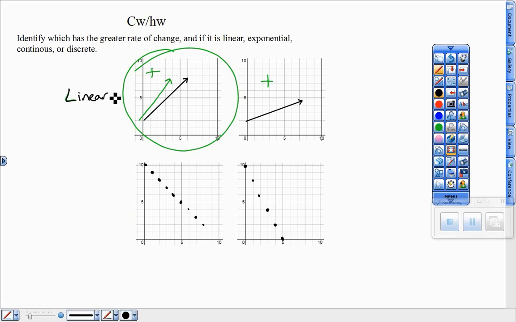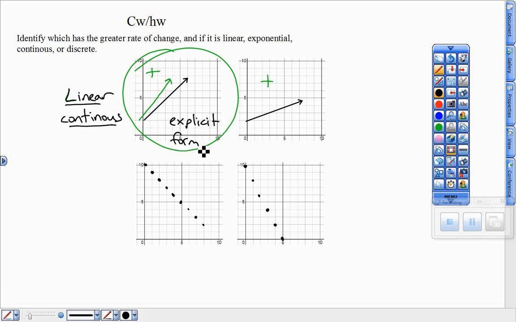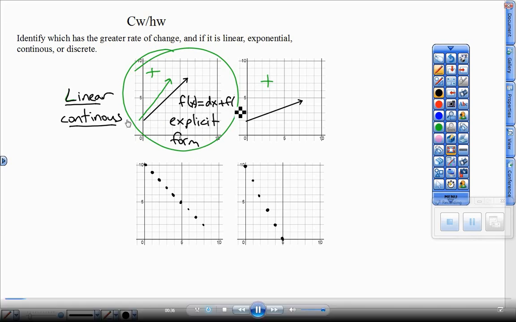It's a straight line. Continuous, because it's a line going through them, all the points. And if I had to write an equation, that would be one of those explicit form function equations. And that is f of x equals d times x plus the f of 0 term. Cannot forget that. Need to remember that.